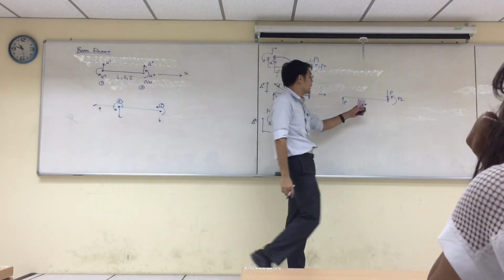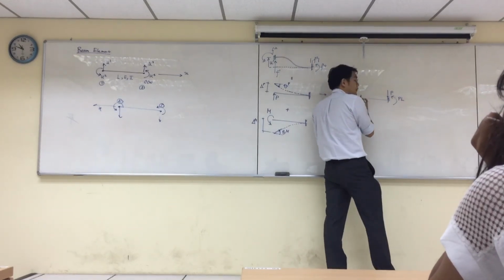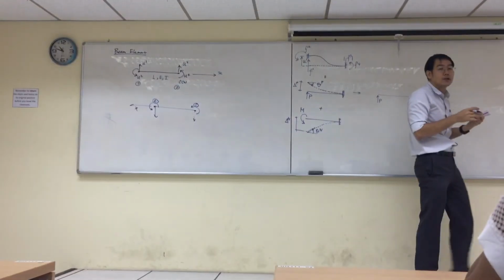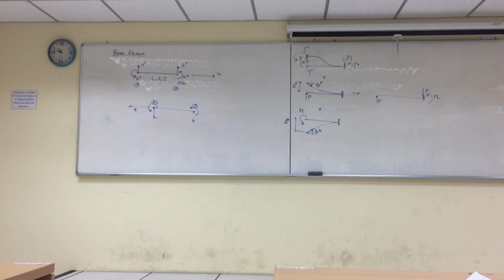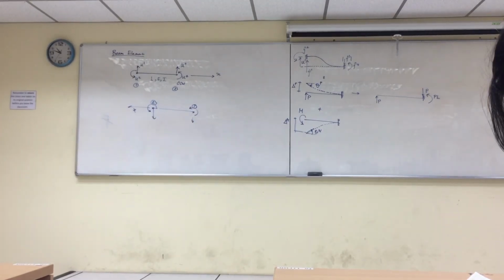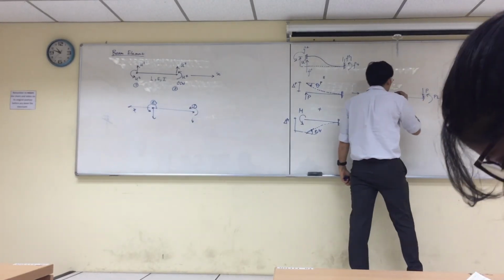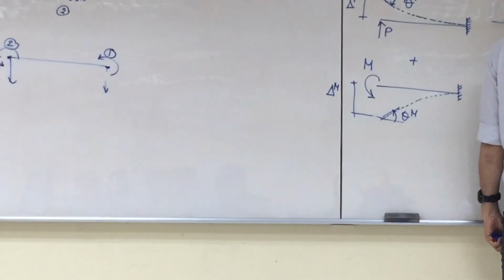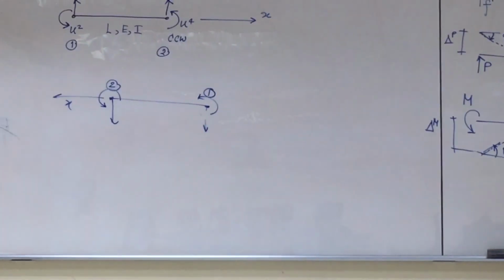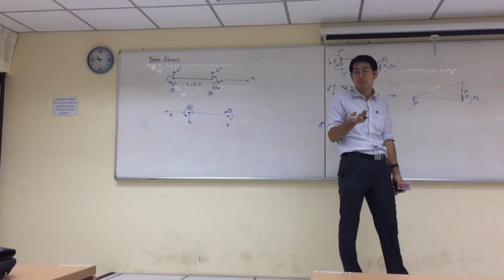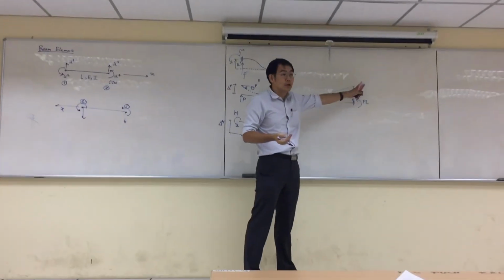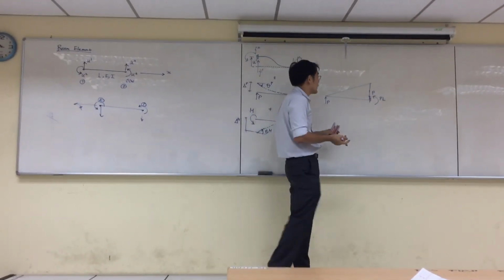With that PL, if the EI, or the cross sectional properties, is constant, then first of all you can construct the bending moment diagram. So your BMD is going to look like this triangle for this case.